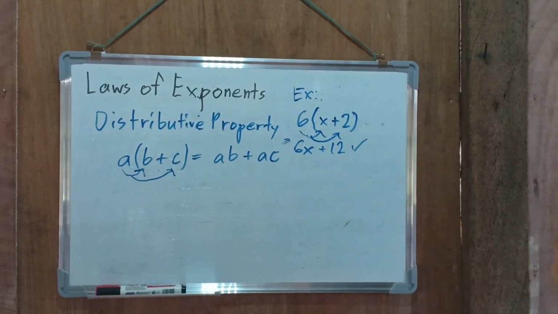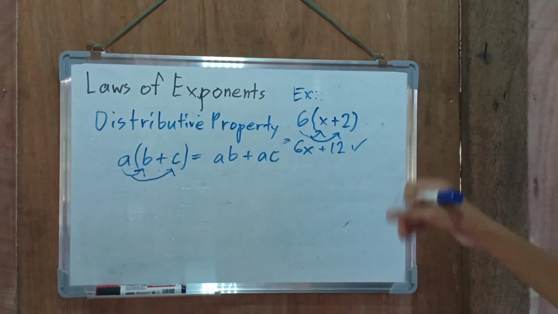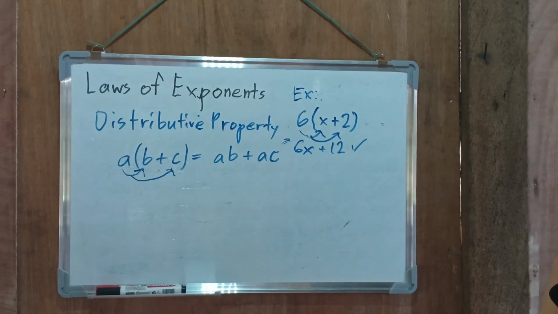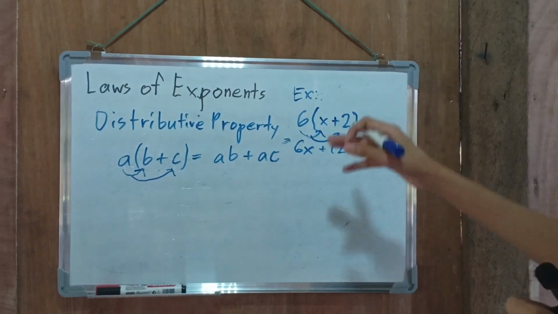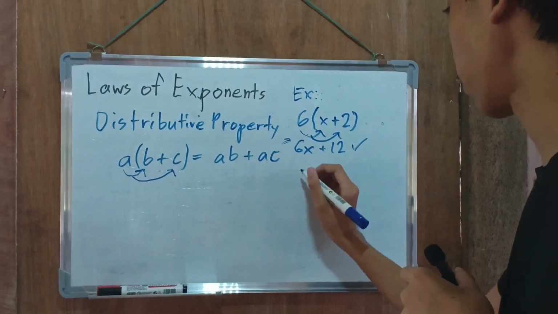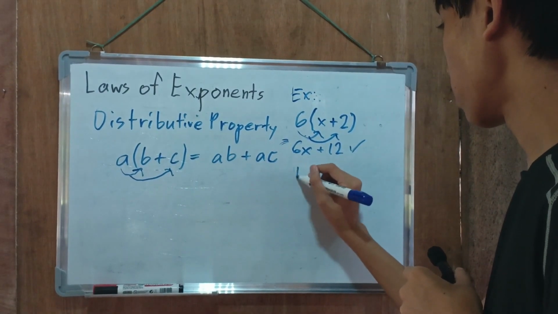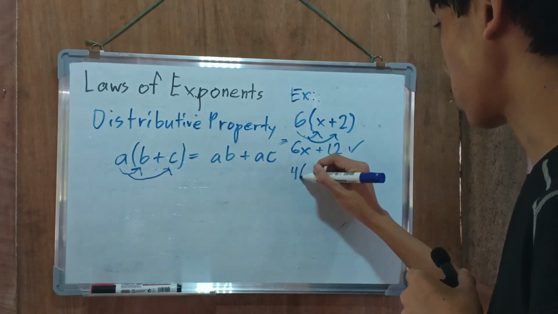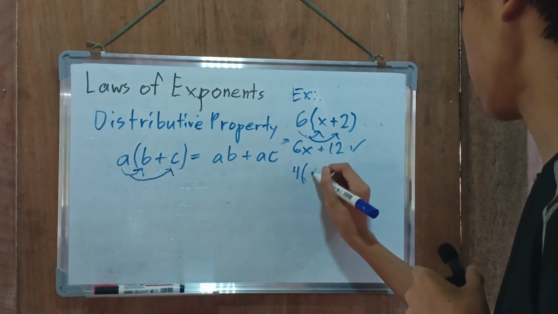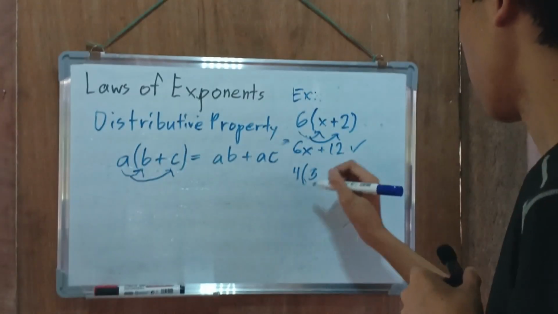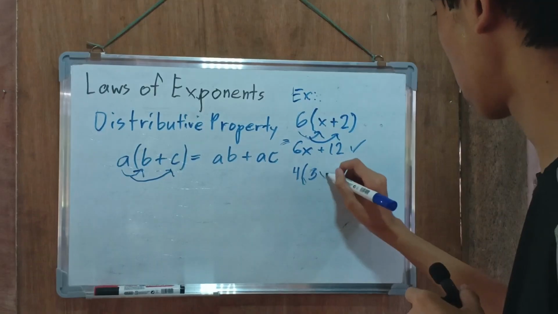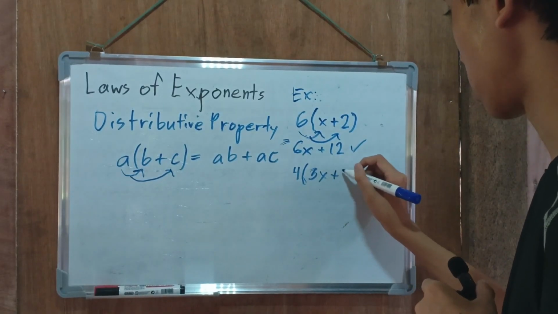This is known as an expression where the quantity has a constant and, what do we call it again? Constant and variable. Now what if the variable has a coefficient greater than 1, which is 3x plus 1, multiplied by 4?